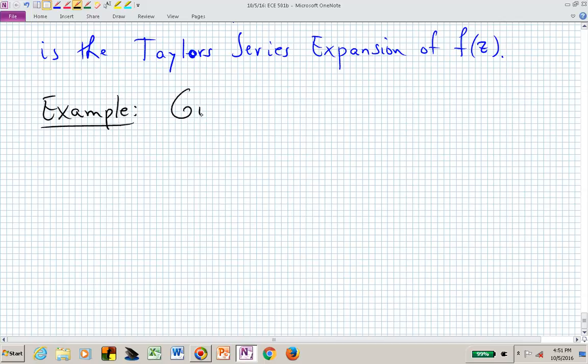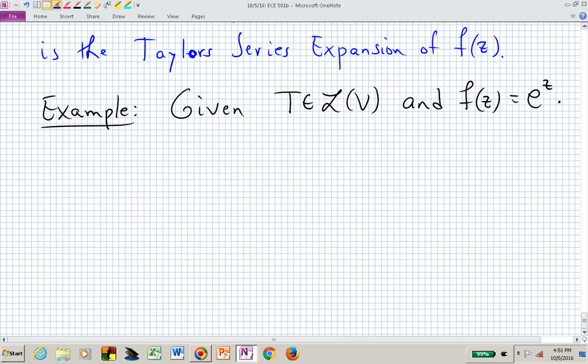As an example, suppose that we're given a linear operator T, and maybe somebody says, oh, I'm interested in my pet complicated function f of z is e to the z. But at this point in your educational journey, you know the Taylor series of this exponential.